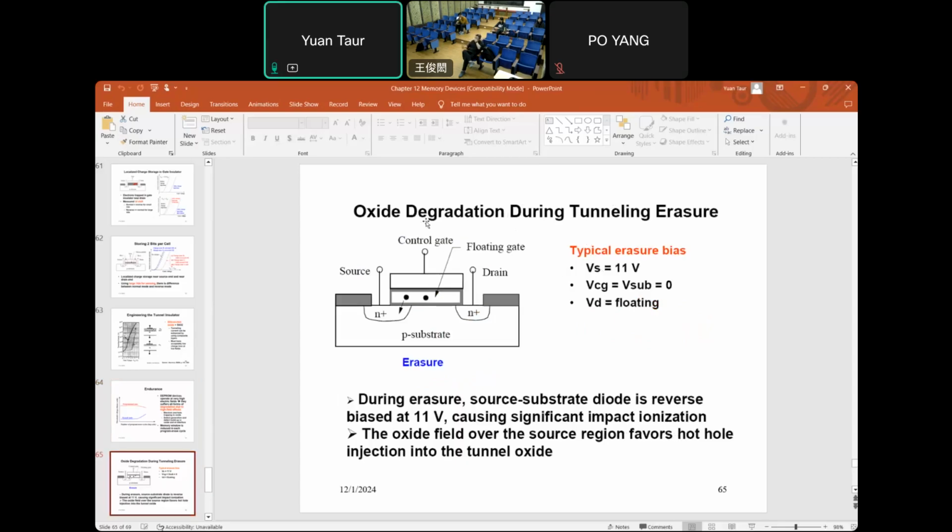Okay, so this is the oxide degradation. We try to erase by tunneling the electric charge from the floating gate back to the source. So we apply a very high voltage over here, and that will cause oxide degradation on the source side.